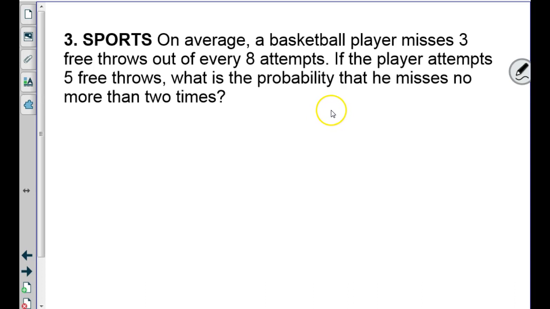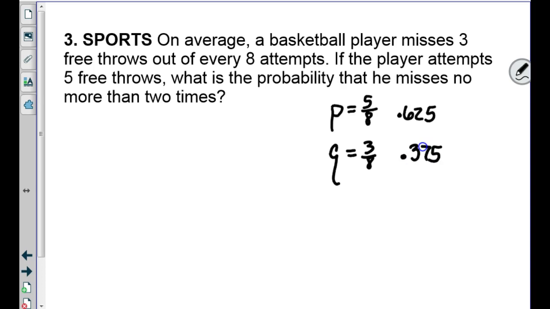Let's do success. Okay, what's the chance that he is successful and makes a basket? 5 out of 8, or if we enter it as a decimal, okay, the chance he misses is 3 out of 8, or point. Thank you. If the player attempts 5 free throws, so we know that 5 is what?